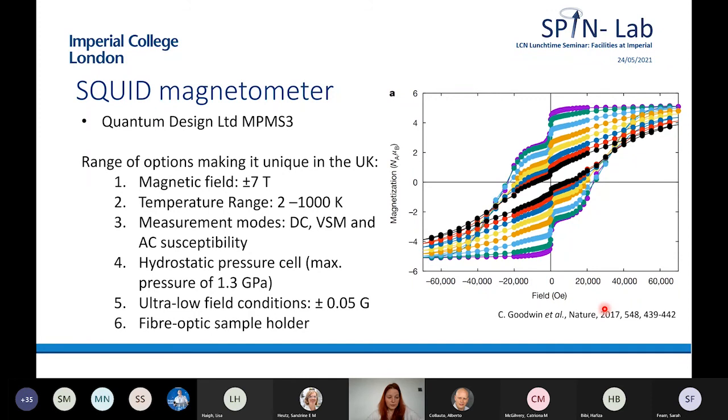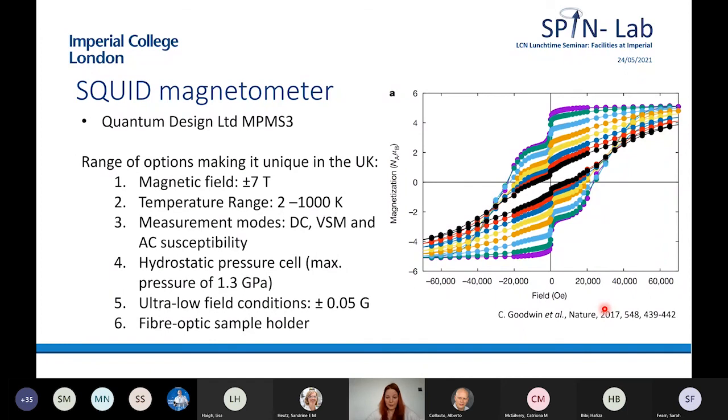And with the ultra low field option, which actively cancels residual magnetic flux in the superconducting solenoid, samples can be measured in an accurate field up to 5 Gauss. By zero field, this is defined as a field smaller than 50 milligauss. In the near future, the system will be coupled with a laser for measurements under optical excitation.